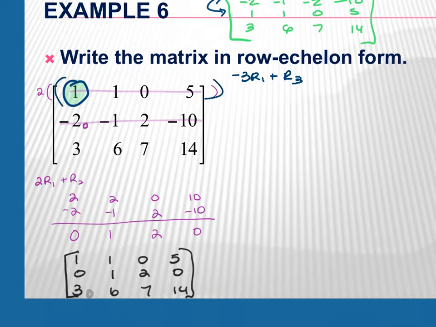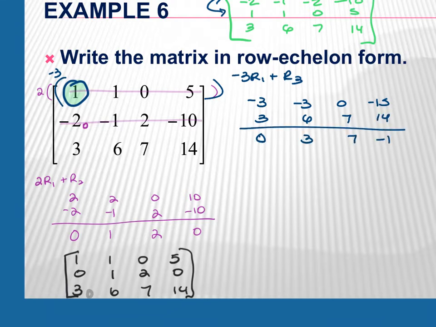So now I'm taking this and multiplying it times -3. -3, -3, 0, -15, and 3, 6, 7, 14. 0, 3, 7, -1. And because I used row 1 and row 3, I can replace either of those. But which one did I want to replace? Row 3. So 1's going to stay 1, 1, 0, 5. 2's going to stay 0, 1, 2, 0. 3 becomes 0, 3, 7, -1.